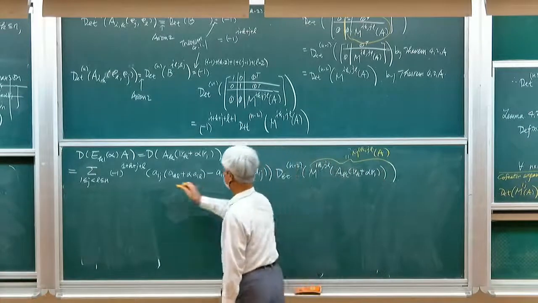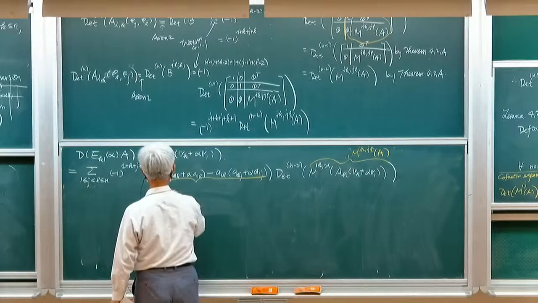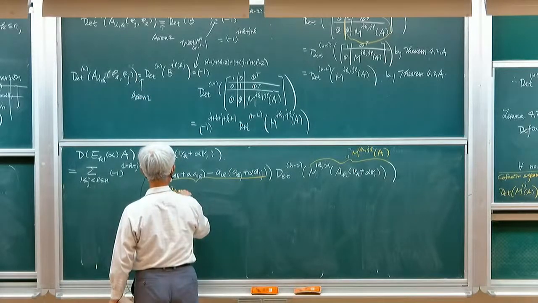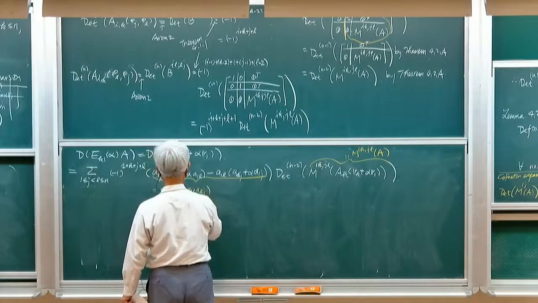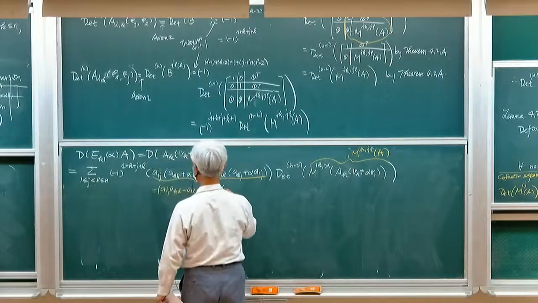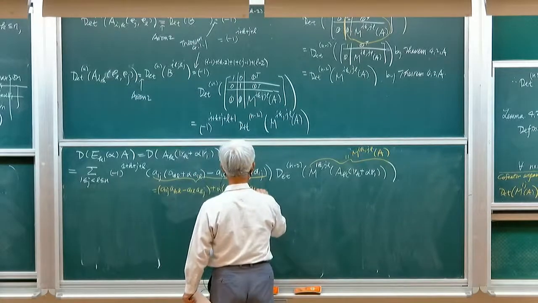And when we calculate this part, we find that it's A1J AKL minus A1L AKJ plus alpha times (A1J A1L minus A1L A1J).